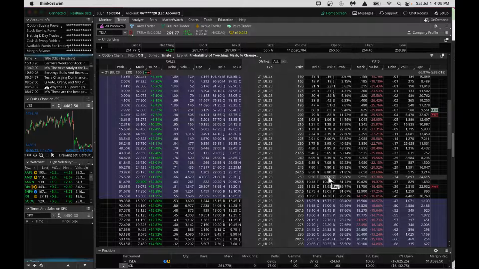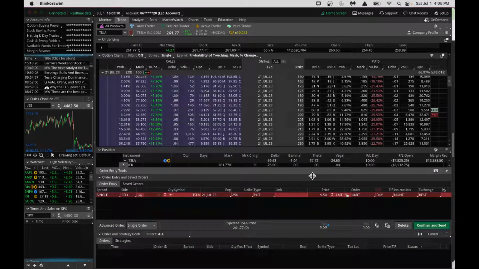Pretty juicy premium. You could just sell this here. We are selling one Tesla put option, July 21, 2023, 20 days out, as you can see here. We are collecting $9.50.